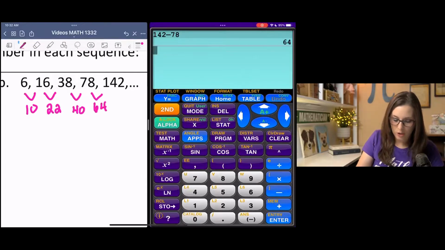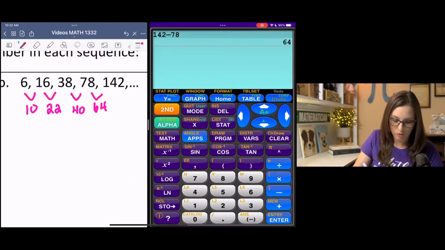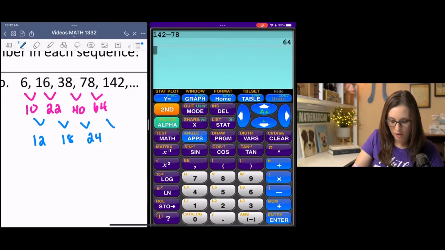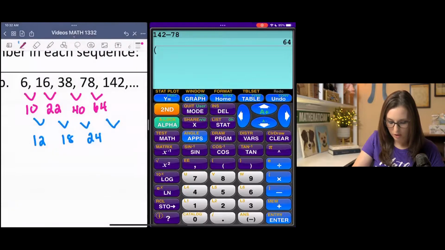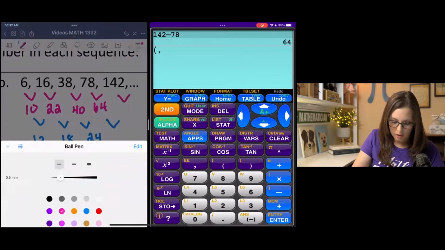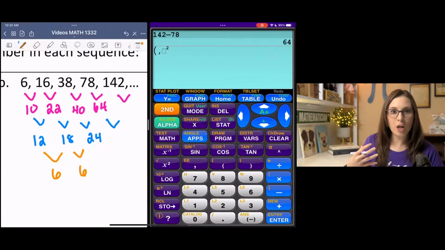Now, I don't know what's next because I'm not seeing a common difference, which means I have to go another line. That's 12, 18, 24. Again, I don't know what's next, so I have to go another line. Let me put a blank here before I forget. I'm going to change colors again. 6, 6. Okay, so now we have a common difference.